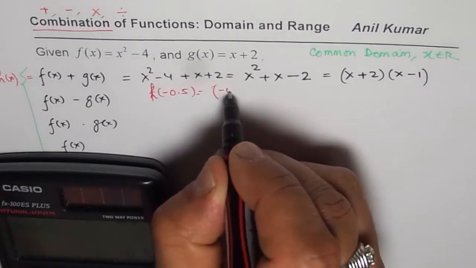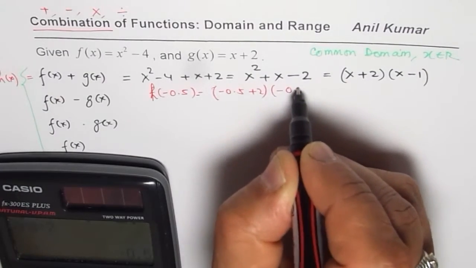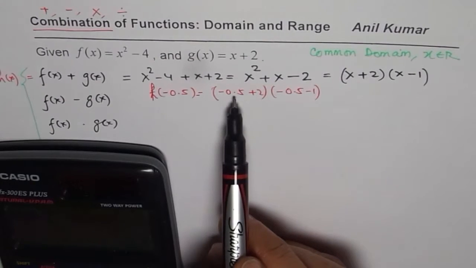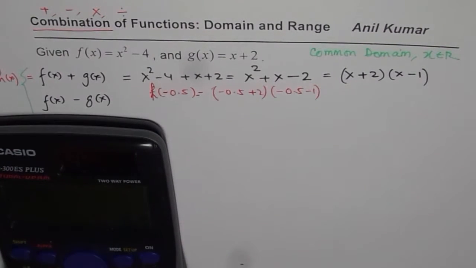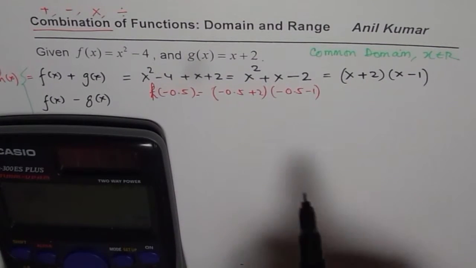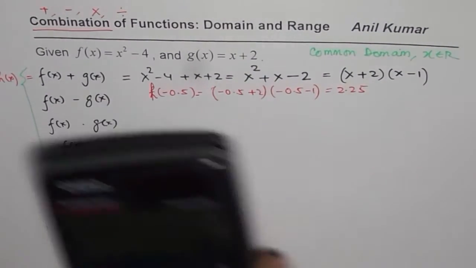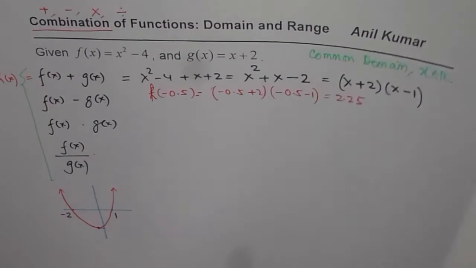So if I write minus 0.5 plus 2 times minus 0.5 minus 1, I get 1.5 times 1.5 with the negative sign. So it is basically a negative value, but it's 1.5 squared, and in decimals that is 2.25. So this value here is negative 2.25.